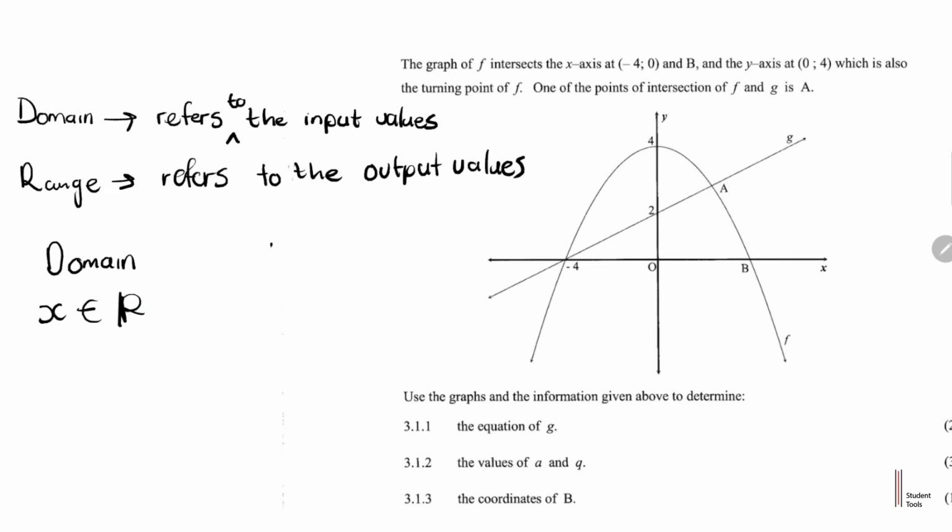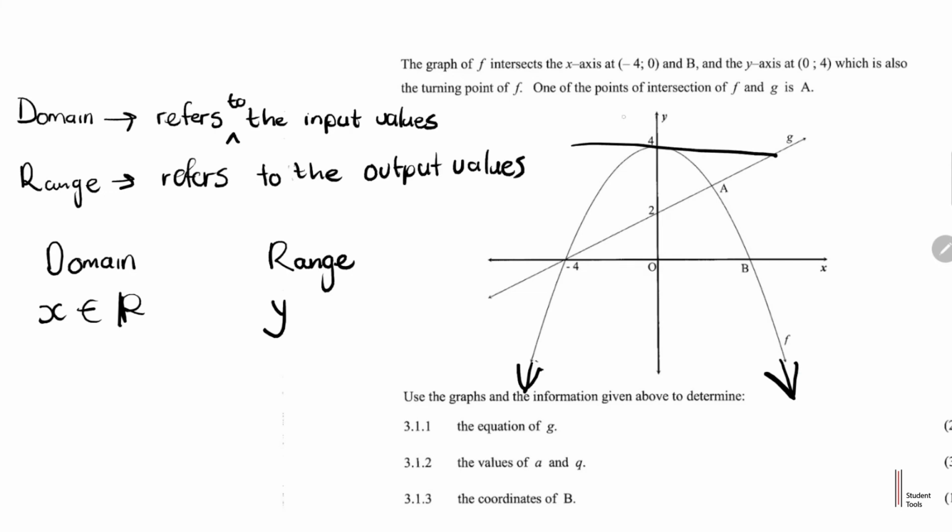And then the range, which is the output values. So the output values or the y values. So what can we say about that? What we know is that this graph can go this direction as far as it wants and this direction as far as it wants, but it will end here.